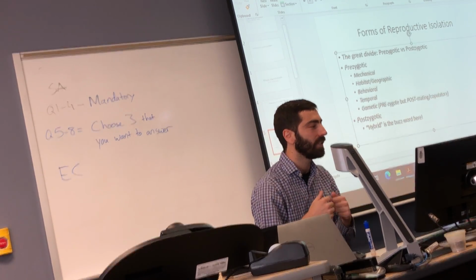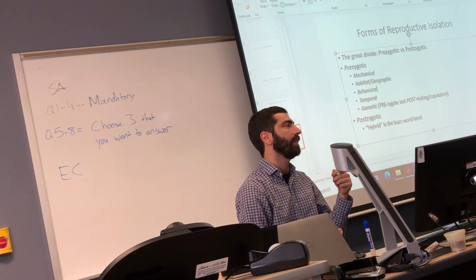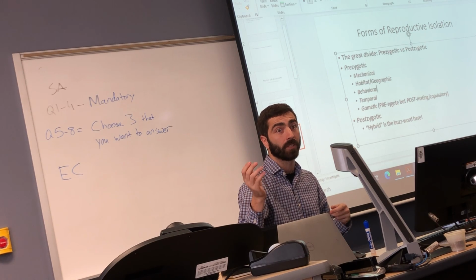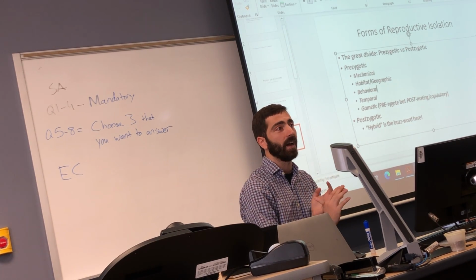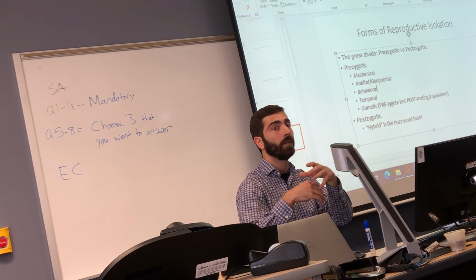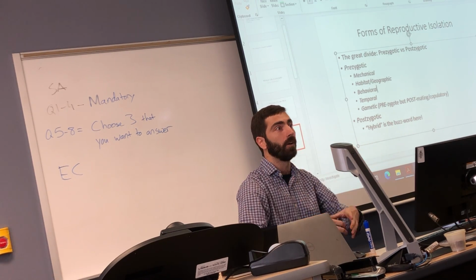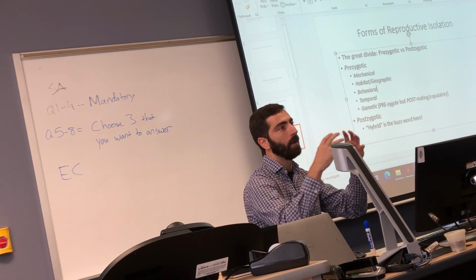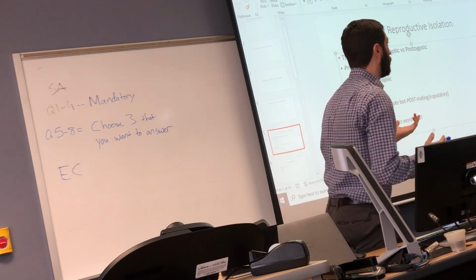So when you see an example of, what type of reproductive isolation does this example describe? First, ask yourself, is this pre-zygotic or post-zygotic? What that means is, is it happening before or after the fusion of two gametes, forming what's called a zygote? So egg and sperm, before they fuse and make what we call a diploid organism.